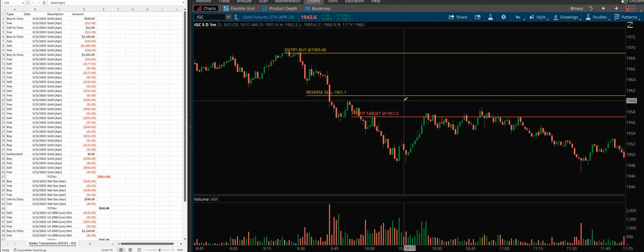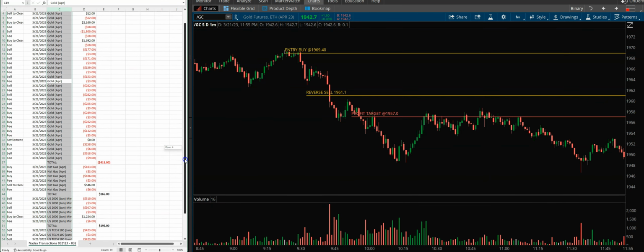Otherwise, if I'm going to do a reversal, because these hit at such a high rate, then I typically will add to my reversal. I didn't add in this case. So I actually took a loss of 441 on the gold.